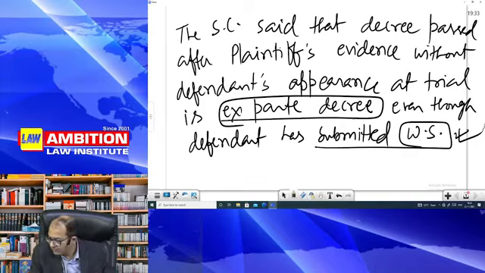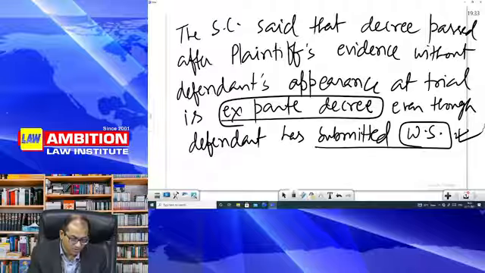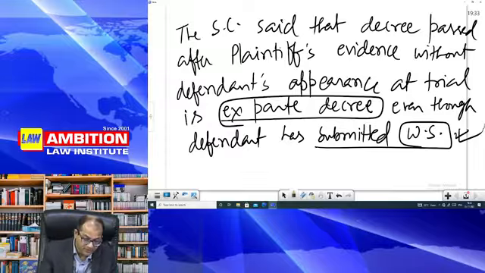Is this clear? Even if now WS is filed, that doesn't matter at all. Are you getting the point?